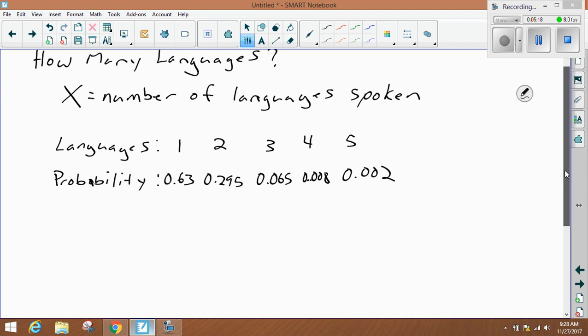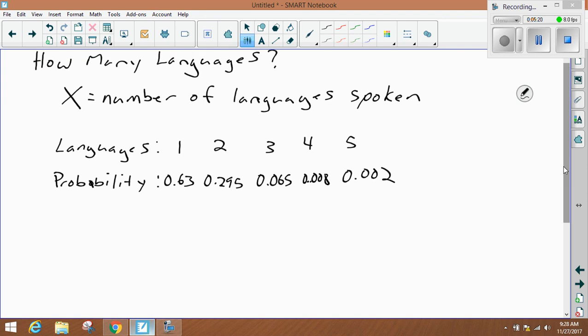So the first thing we need to do is determine if this is a legitimate probability distribution. Is it legitimate? Is it illegitimate?